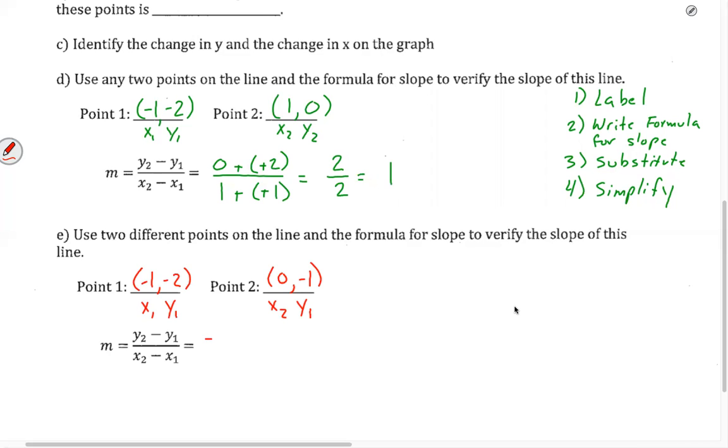I'm going to do -1 minus -2 over 0 minus -1. Now I need to simplify. I'm going to simplify the two negatives to a positive. -1 plus 2 is 1. And again, I have two negatives, so I'm going to make it a positive. So that is also 1, and 1 over 1 is 1. So you can see that those points are on the same line.